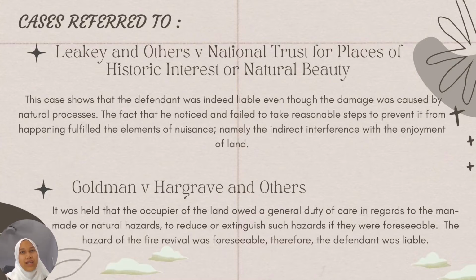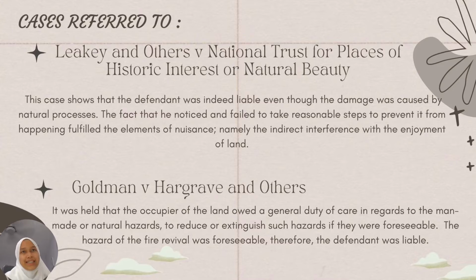Over the next few days, the weather became very hot and reignited the fire, which spread to neighboring property. The defendant was liable for the naturally occurring danger that arose on his land, as he was aware of the danger and failed to act with reasonable action to remove the hazard.